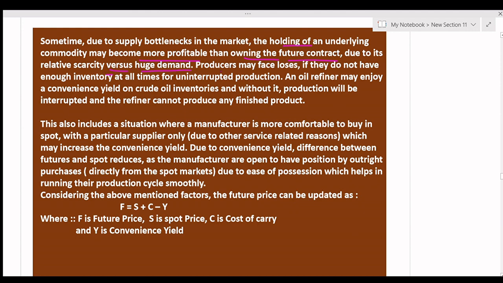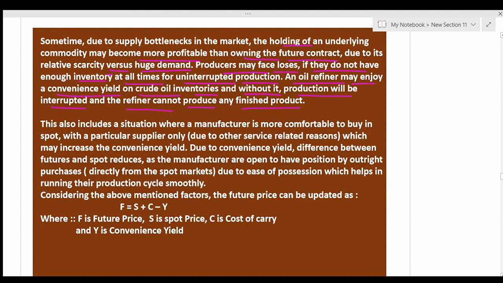Producers may face losses if they do not have enough inventory at all times for uninterrupted production. An oil refiner may enjoy a convenience yield on crude oil inventories, and without it, production will be interrupted and the refiner cannot produce any finished product.